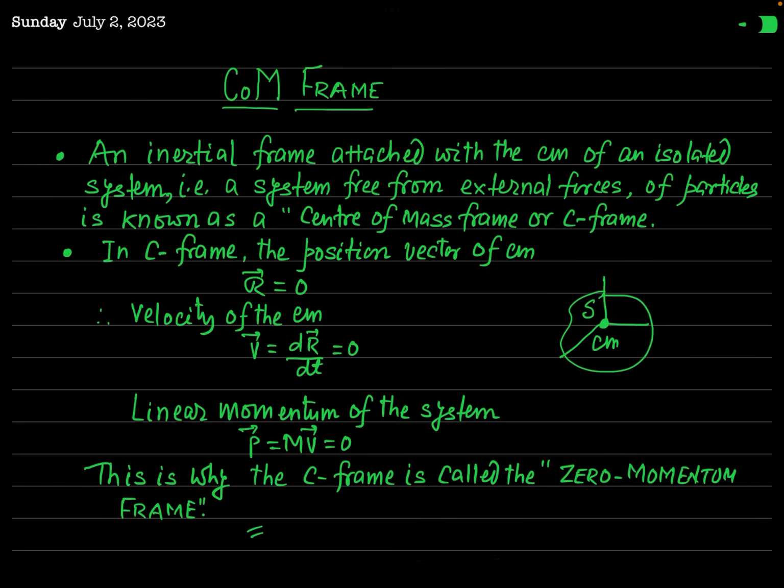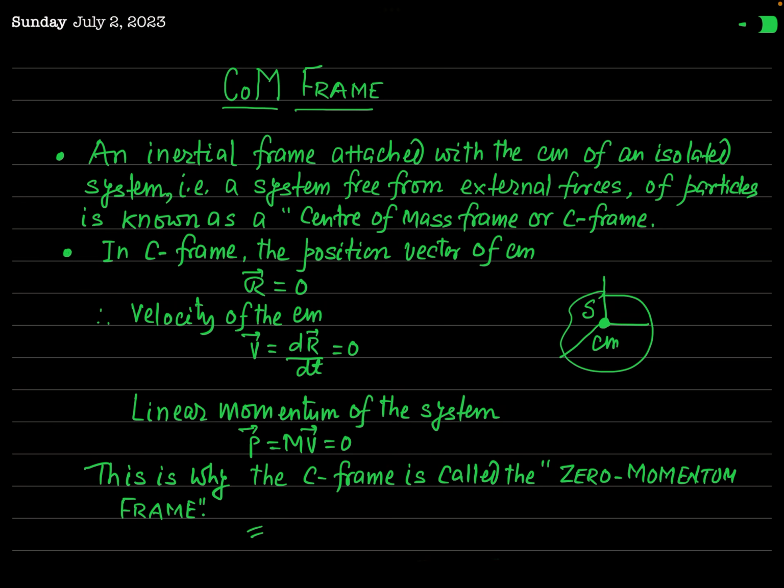As in this case, the reference frame is attached to the center of mass of the isolated body. And you have learned that the position vector of the center of mass, when the origin is fixed at the center of mass, is 0.